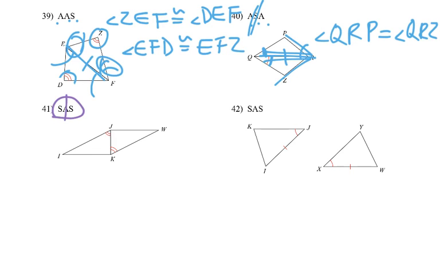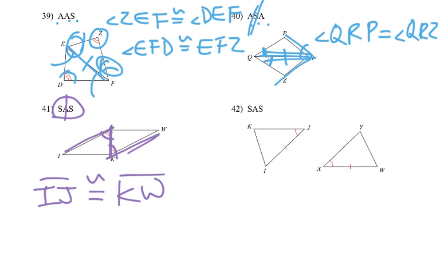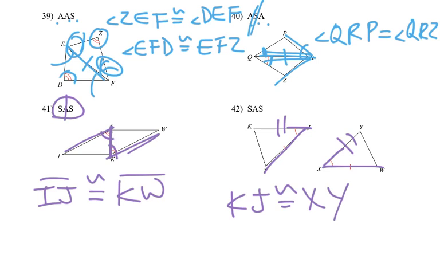So the angle's in between the two sides, one side, one angle, has to be that side IJ, and it would have to be with one side, the angle KW. The last one, you've got it right there and right here, so it's got to be that side that's left over. So KJ congruent with XY. And there we go, guys.